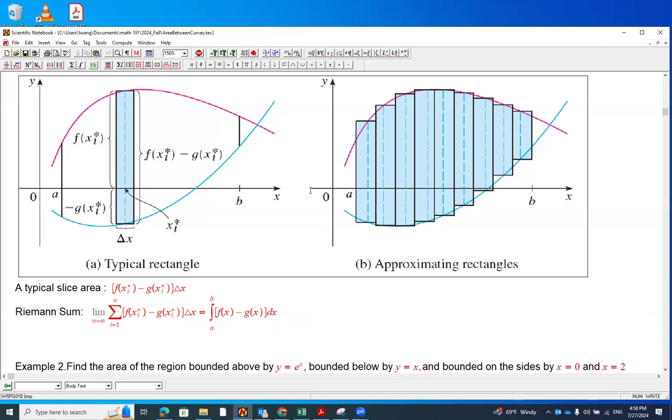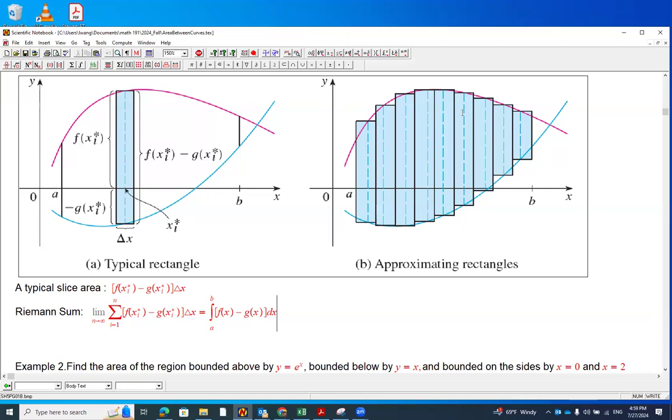Each time we construct this, we need to be aware that the typical slice is under one curve consistently and above the other curve consistently. So we have all these slices, all under the purple curve and also above the blue curve.